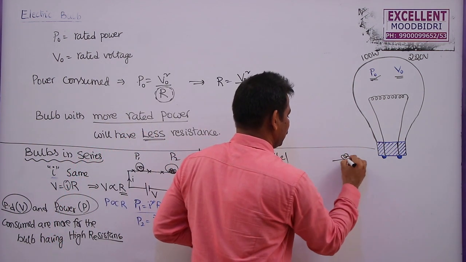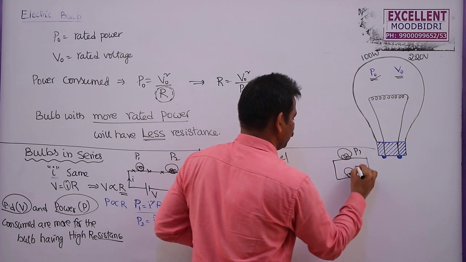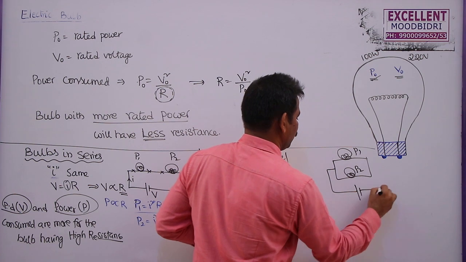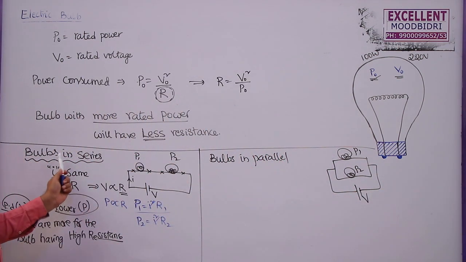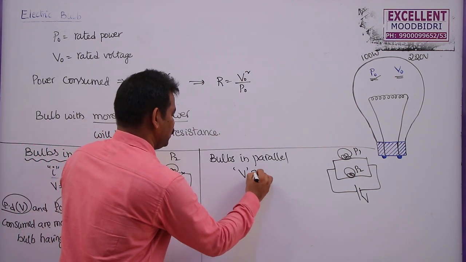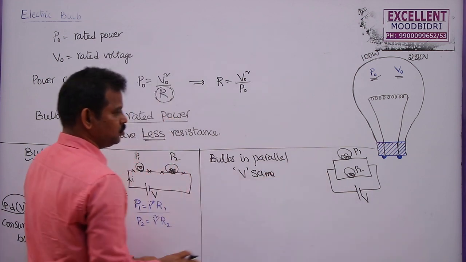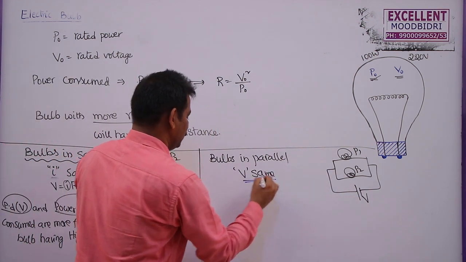now let me draw one diagram. This is P1 and this is P2, and these two are connected to a voltage source, a potential V. Now, in series combination, current is same. In parallel combination, voltage is same across these two and also equal to the voltage of the source. So V is same here.